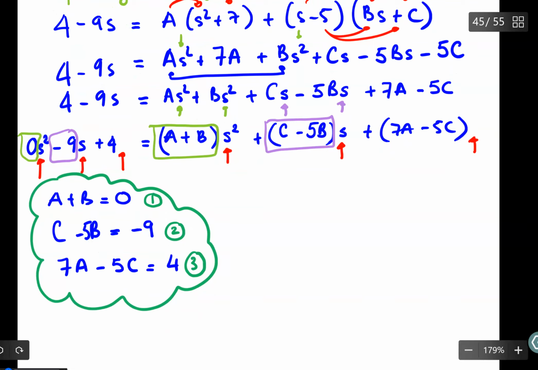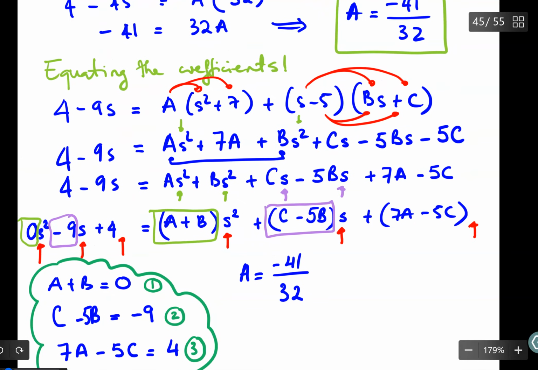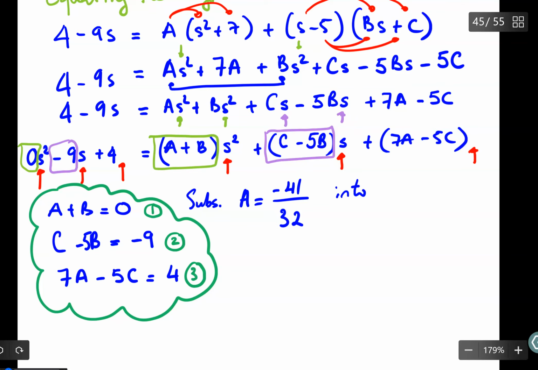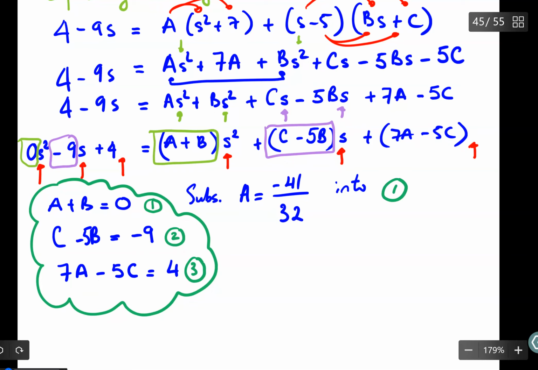So in this case, don't forget that we already found a equal to negative 41 over 32, as we found earlier up here. Okay, so what I will do is substitute a equals minus 41 divided by 32 into equation number 1.